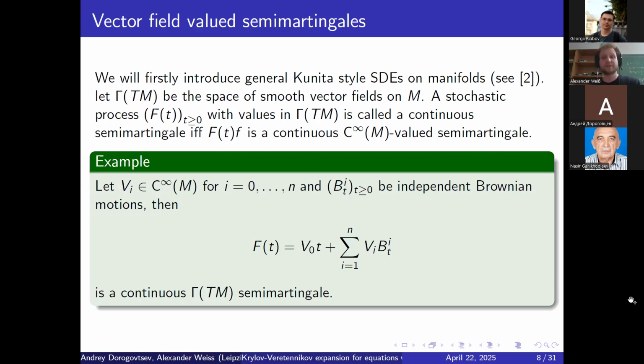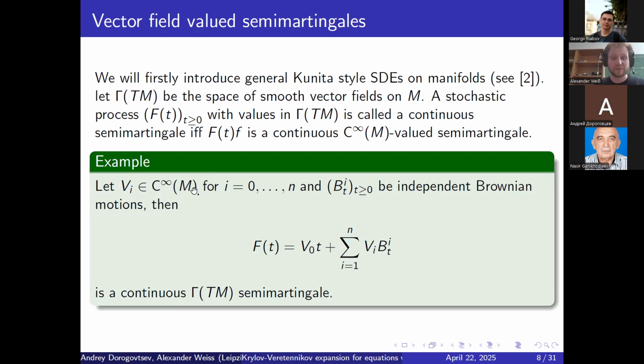An example for these kind of, a very easy example for these kind of smooth vector field valued semimartingales is the following. Let us look at some vector fields V_i. So sorry, here I forgot. This is not a smooth function. This is a typo.